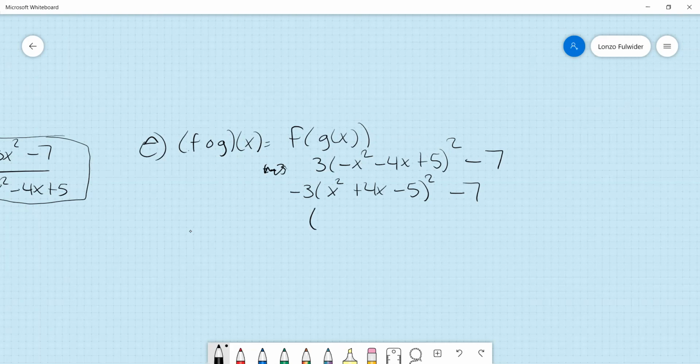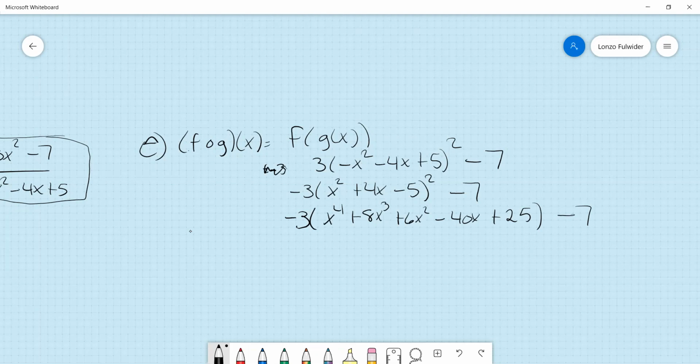When you FOIL this out, you're going to get x fourth plus 8x cubed plus 6x squared minus 40x plus 25, in parentheses. And remember, this negative 3 doesn't go away, and also the negative 7 doesn't go away.